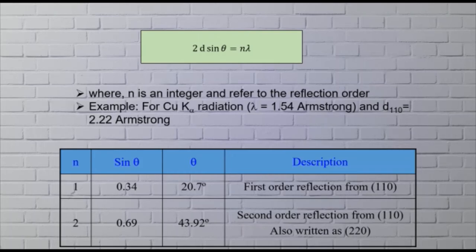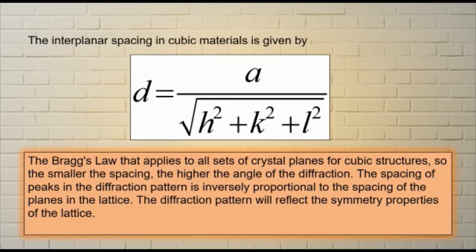This table shows an example of n, sin theta, theta, and the description. The general equation of Bragg's law in crystal structure determination is d equal to a over square root of h squared plus k squared plus l squared.